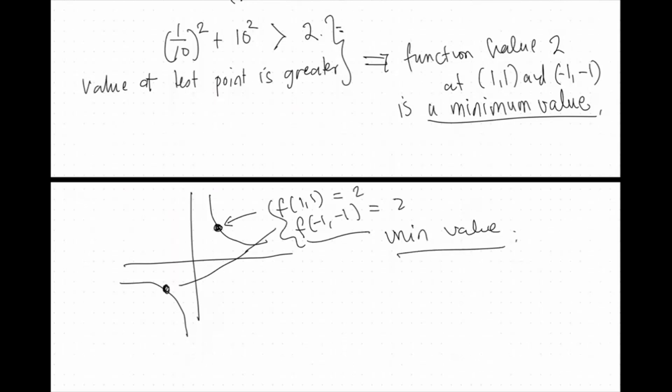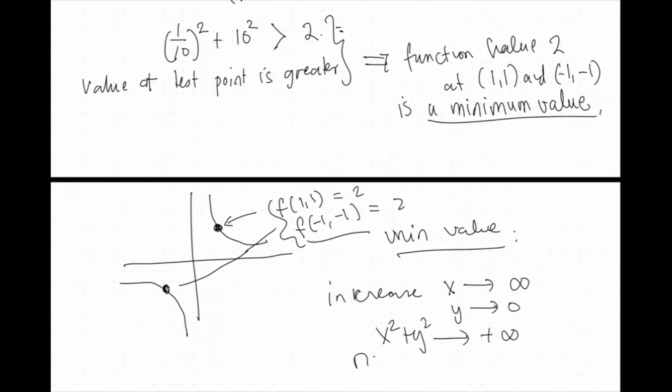So in this case, we have a constraint equation and we have a function. We only get the minimum value. We don't get a maximum value because if x goes to positive infinity, your y goes to 0, then x squared plus y squared goes to positive infinity, so no max value.